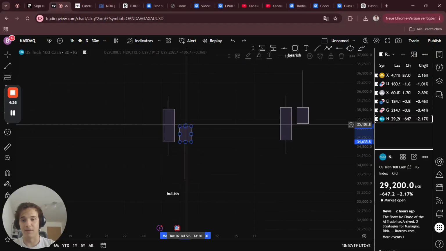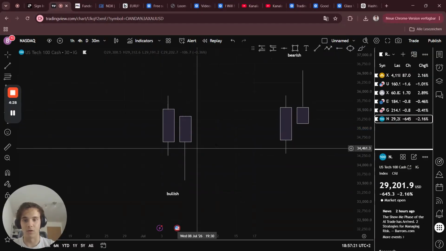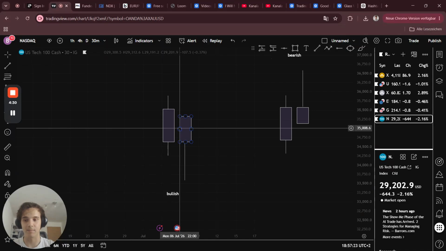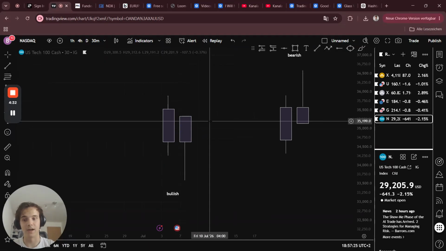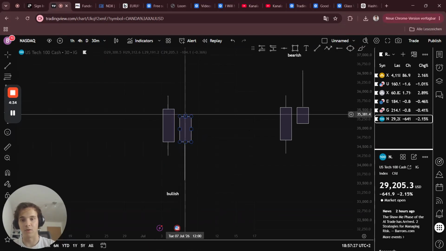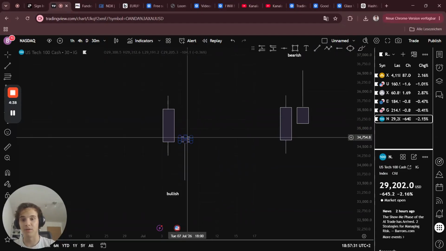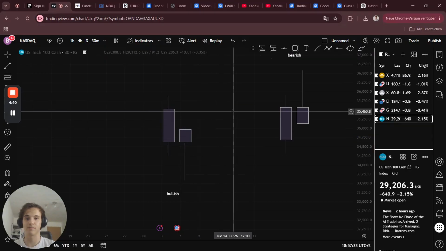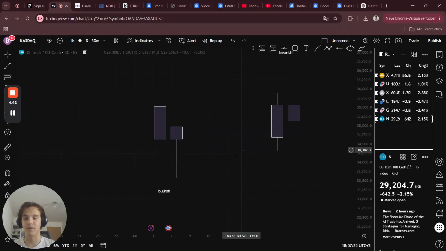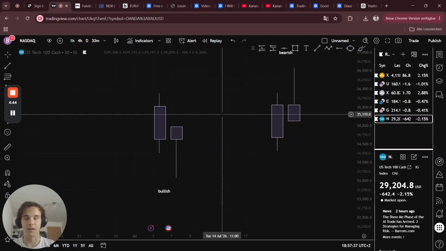Sometimes it can happen that the pinball candle will look something like this, right? That could happen. Or it will look something like this. But both of them are pinball candles, and both of them do the same job.